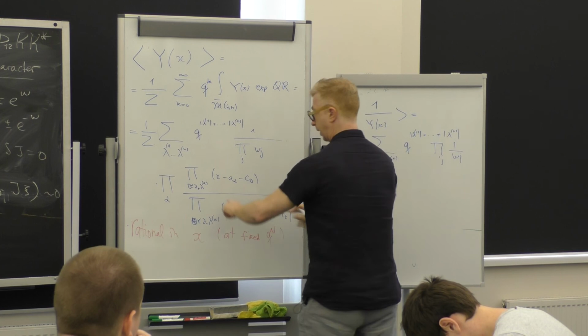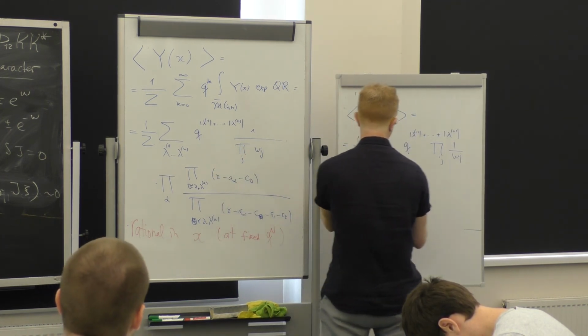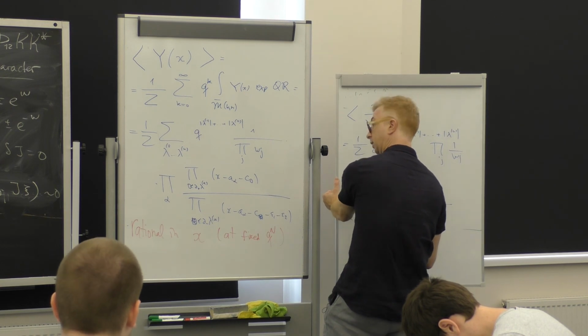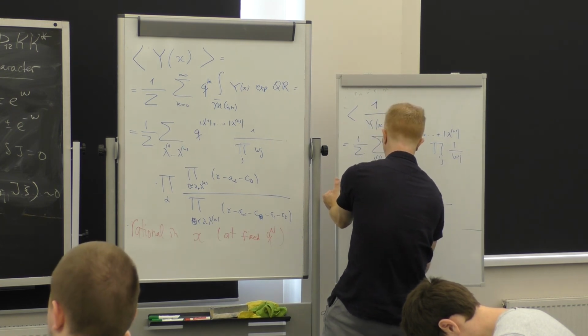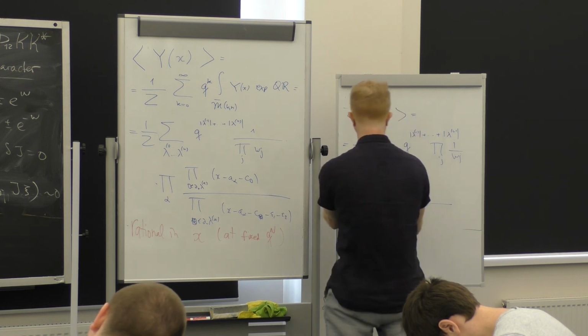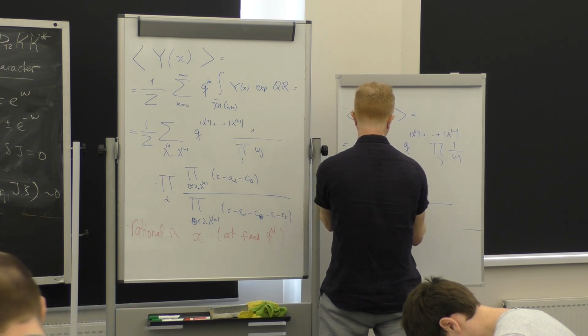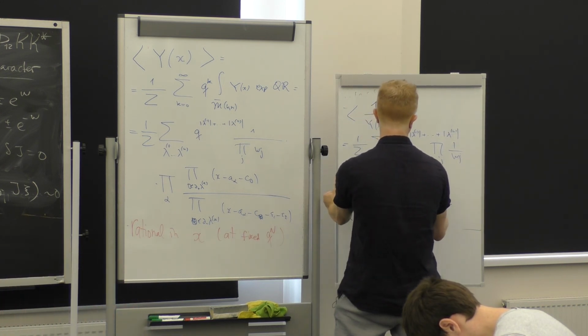And now I take this expression but put it upside down. So product over alpha, product over squares in the outer boundary, product over squares in the inner boundary.